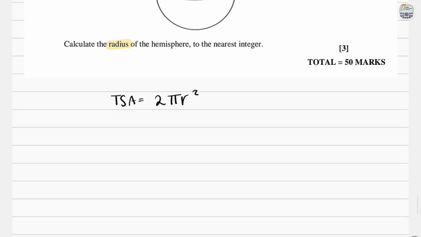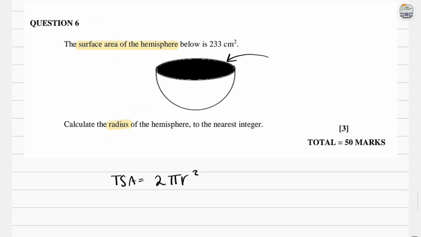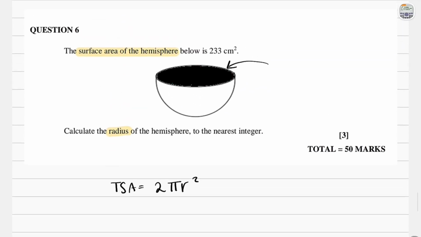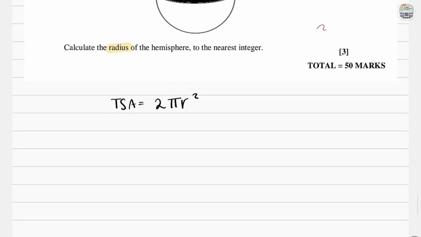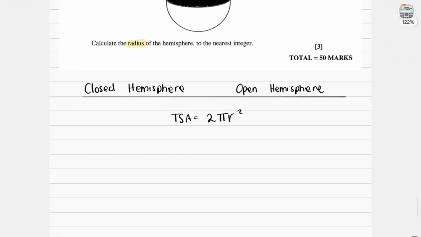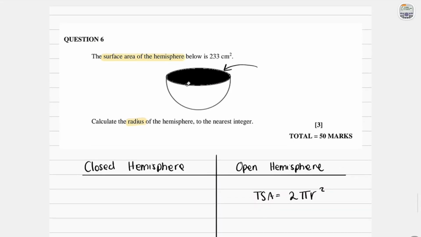So for this one, just in case, I'll do 2 calculations, because I'm not really sure. They left it black, so I don't know if they mean it's included or not included. So let's just put that down. We'll find this separately. We'll look at a closed hemisphere and an open hemisphere. With the closed hemisphere, I'm saying this shape is also included.